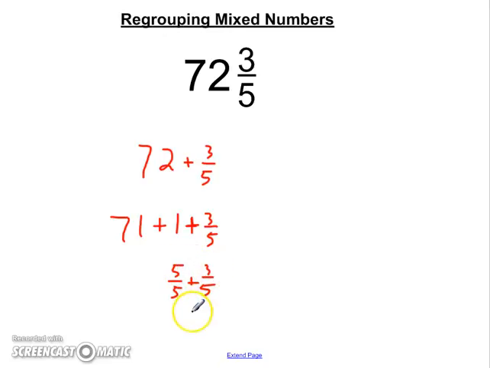And then 5/5 and 3/5 is 8/5. And I now have enough to do my subtraction with. And so this is now 71 and 8/5. So it's a matter of realizing that numbers can be broken up and regrouped, and we can regroup those fractions and write them as fractions to allow us to have enough to subtract with.